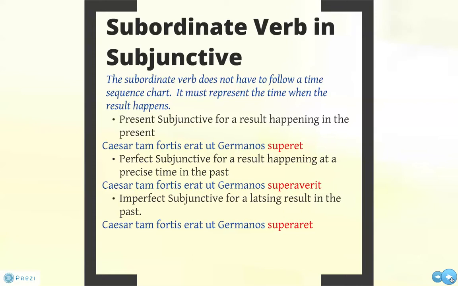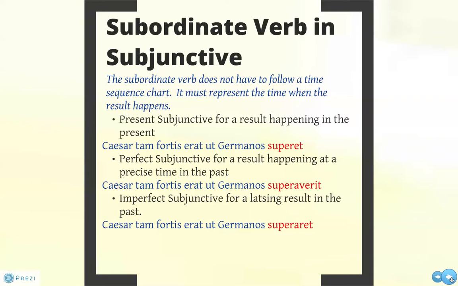But we're going to use the appropriate verb in the subjunctive to represent the time when the result happens. So, for example, if the result happens in the present, use the present tense. Caesar tam fortis erat ut Germanos superet. Caesar was so strong that now he is conquering the Germans.